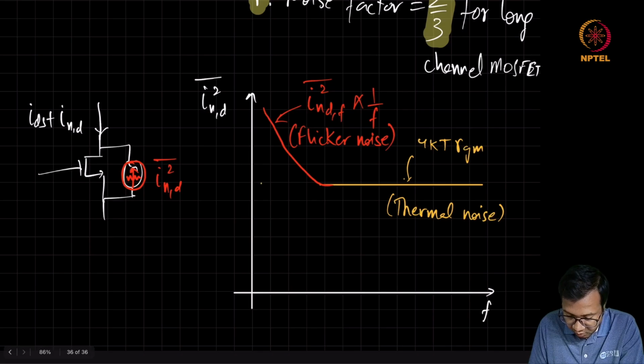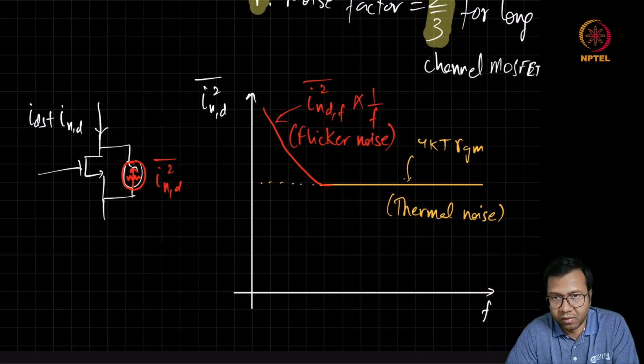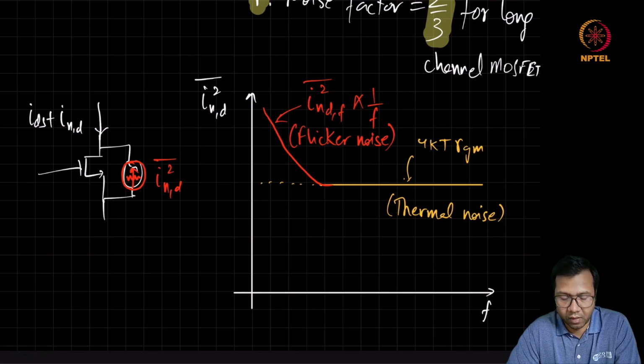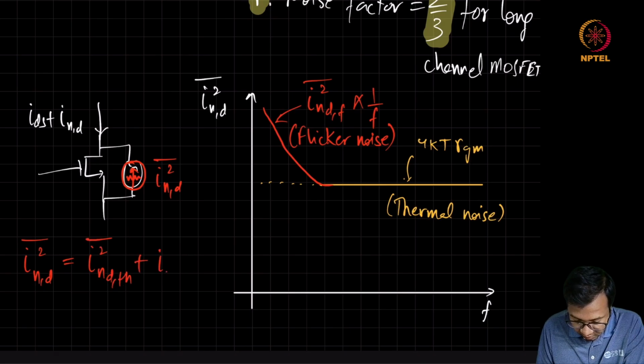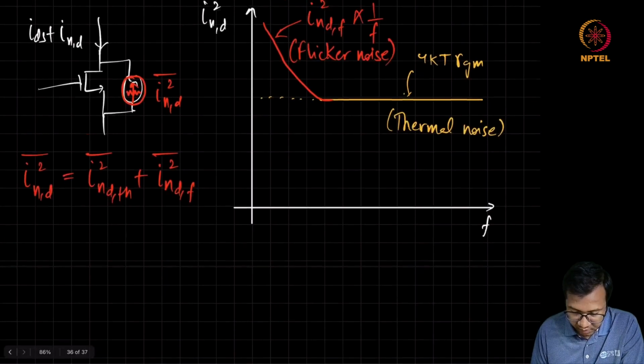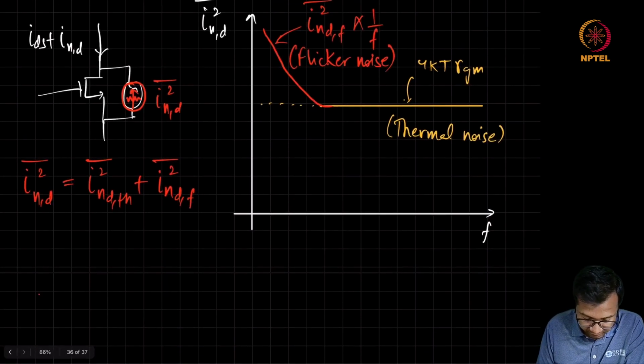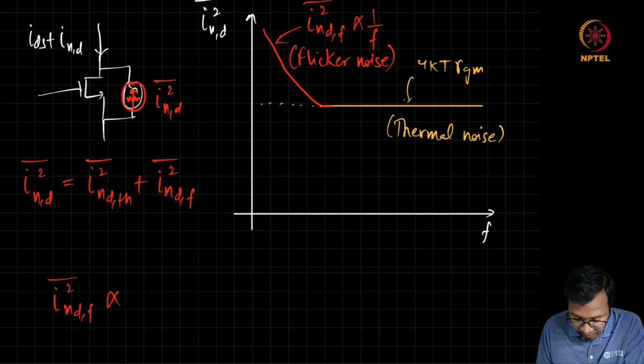Even thermal noise is going to be present at low frequency, but it is going to be much smaller compared to flicker noise. IND has two components. One is thermal plus this flicker. And experimentally, it has been found that this flicker noise is inversely proportional to the frequency.